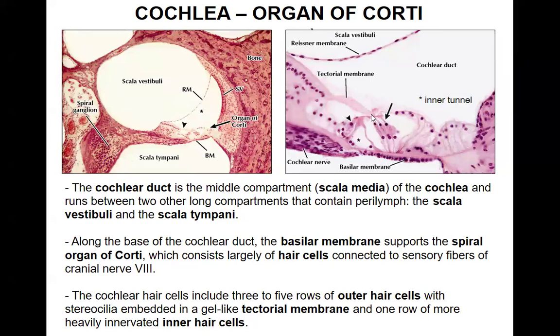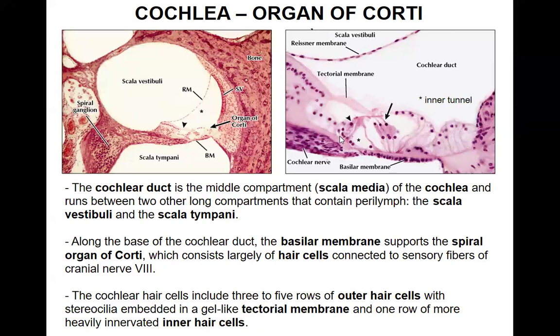Here are three rows of outer hair cells and the inner hair cells. The most important ones that will signal the auditory signals to the brain and will generate the action potentials are the inner hair cells.